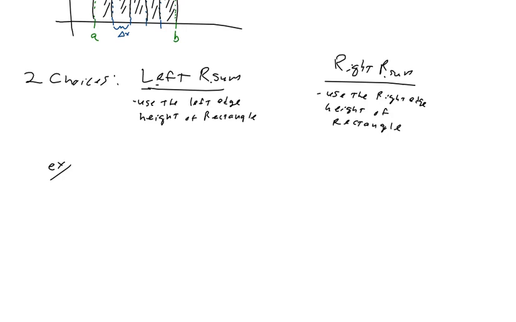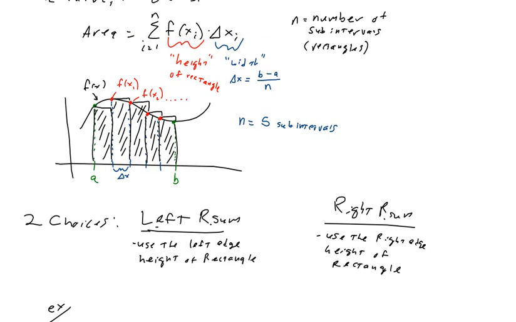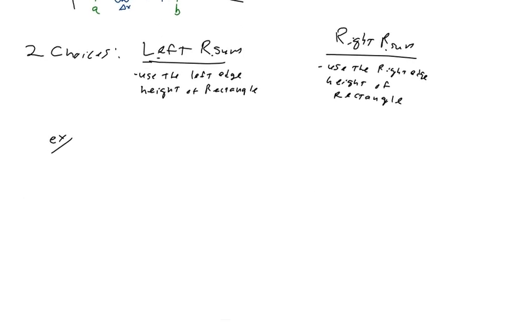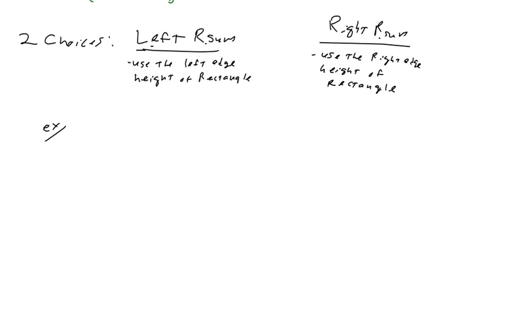So we have a left and a right Riemann sum, and we can find different values. We can find the different sums using this formula here, where we take the heights and the widths, multiply them out, and add them all together. Let me give you an example.